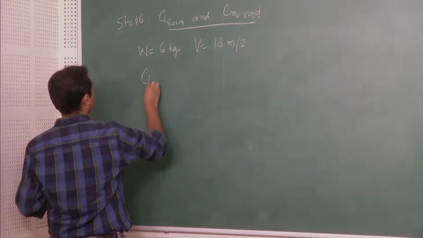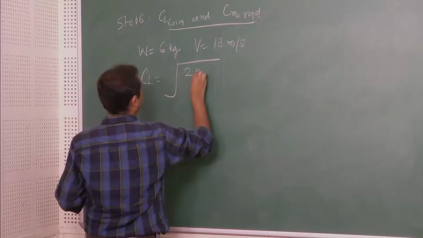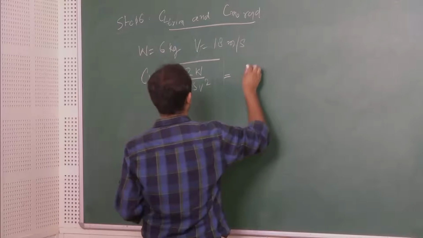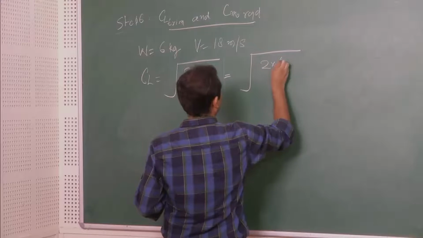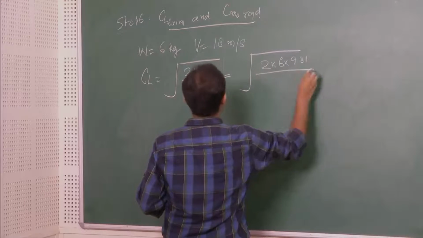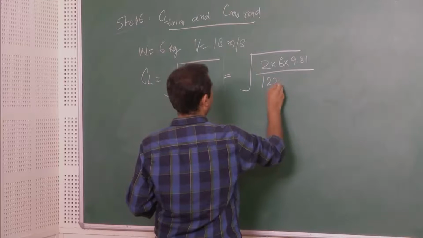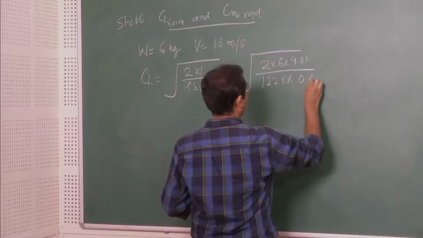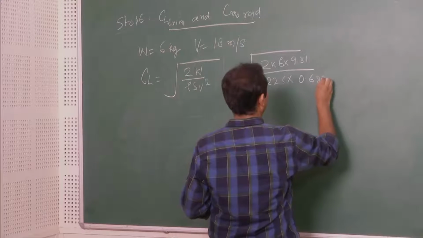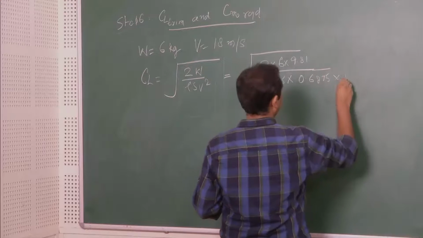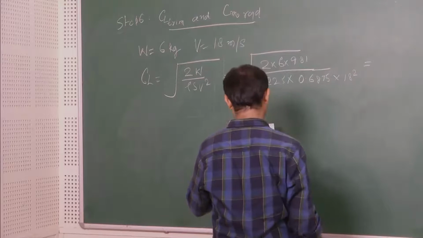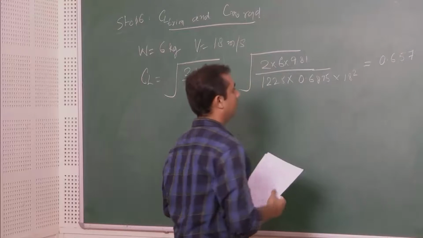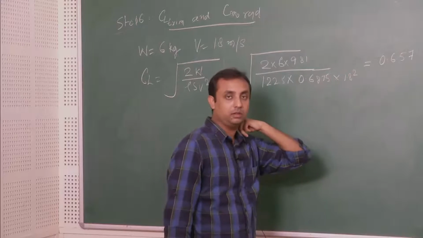So using the formula CL equals 2W upon rho S V square, we can calculate the value of CL trim, which is 2 into 6 into 9.81 divided by, this is at sea level, we are talking about this aircraft at sea level, rho into area we got as 0.6875 into V, 18 square, which will come about 0.657. So I want to operate at 0.657.